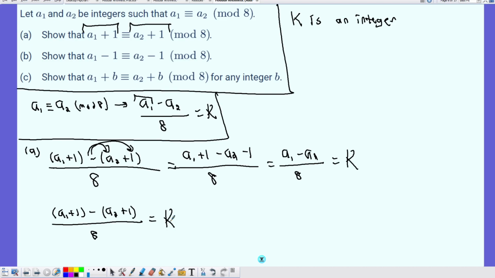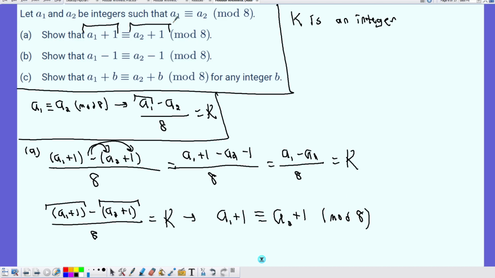So, because the difference of these two terms divided by 8 is an integer, that establishes the fact that a1 plus 1 is congruent to a2 plus 1 under mod 8.